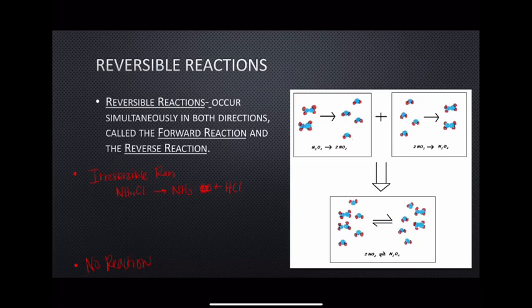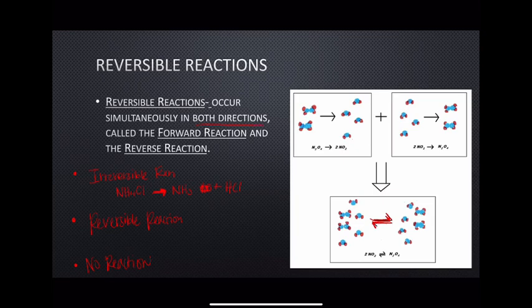So today, what we are focusing on is kind of the middleman that bridges these two reactions, and it is the reversible reaction. So in a reversible reaction, instead of having this arrow that goes in one direction from the reactants to the products, you have this special arrow that shows that that reaction proceeds in both directions simultaneously.